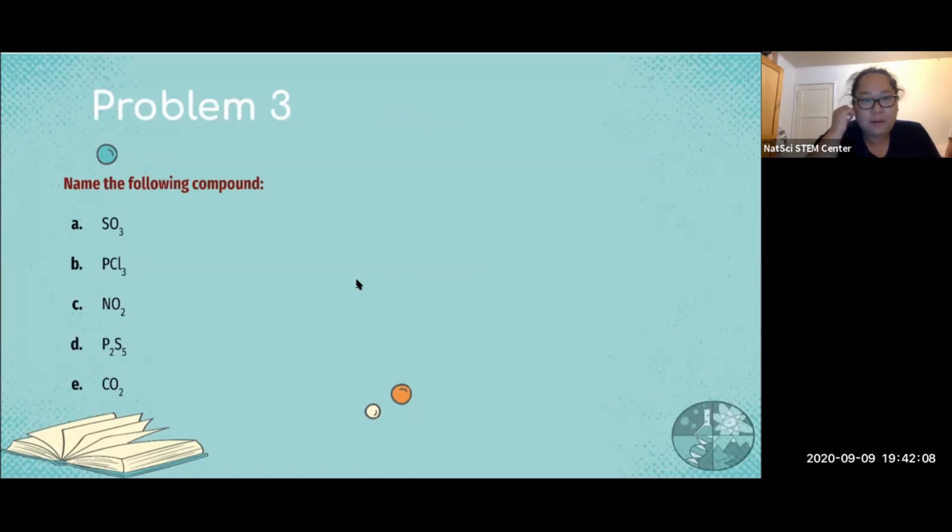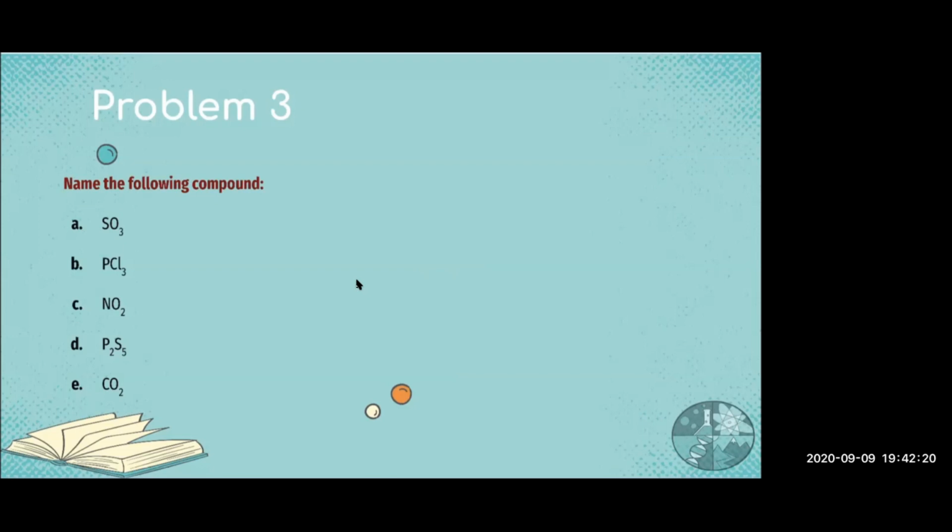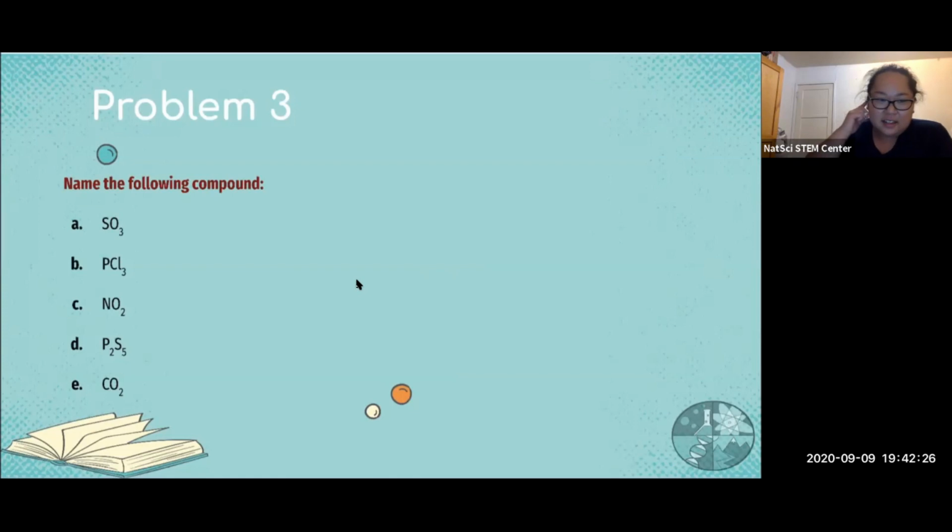Okay, so for problem set 3, what I want you to do is to name the following compounds. Just let me know when you're done. Actually, can I challenge myself? Not look at my card or my periodic table. Yeah, do it. Okay, so the first is sulfite.